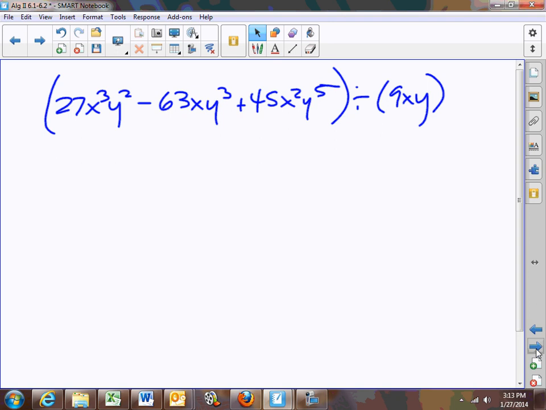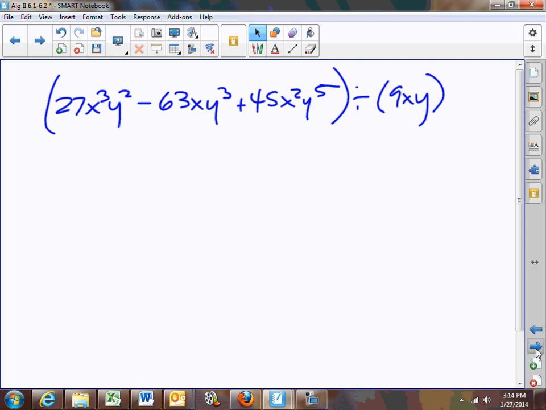Okay, so first of all, let's handle dividing a polynomial by a monomial. Now, that would be something like this problem here, where you have 27x cubed y squared minus 63xy cubed plus 45x squared y to the fifth, and you're dividing that by 9xy. Now, 9xy doesn't have a plus or a minus sign in it. It's one term.